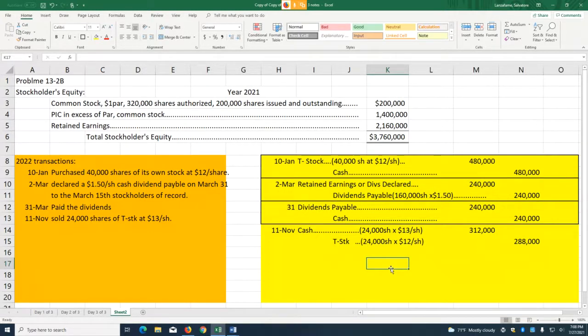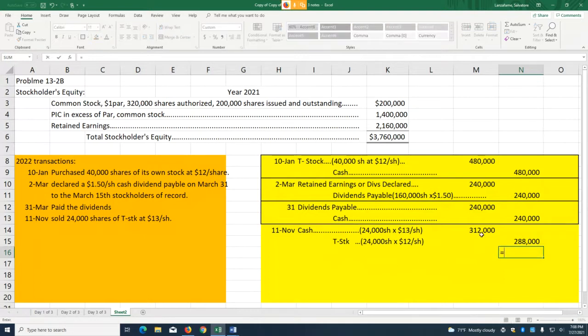So notice that my debit is bigger than my credit. So I need to make up that difference in the credit. So I made 24 grand on this deal. Makes sense, right? $13 versus $12. That's $1 per share times 24,000. So that checks out. And you're going to call this paid-in capital from T stocks.